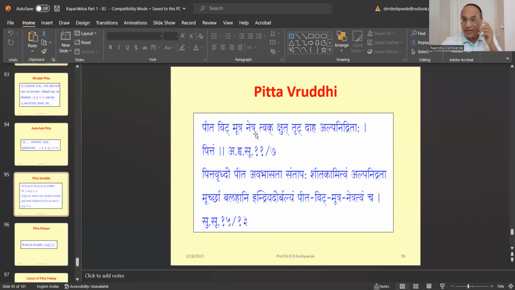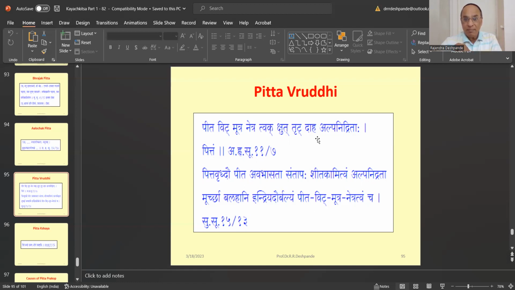Netra, yellow icterus, it is called icterus. Tvak, nails. Kshit, trit, excessive hunger. This is something different; in jaundice there is no excessive hunger. But another symptom that can arise because of the Pitta Vruddhi is excessive hunger, excessive thirst, excessive burning. Daha is a burning.